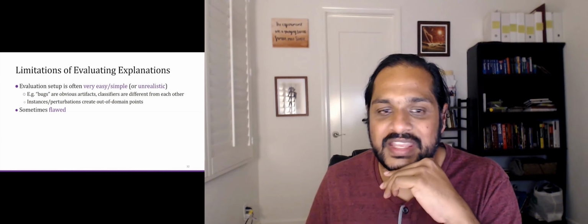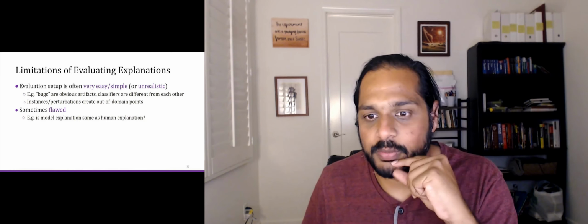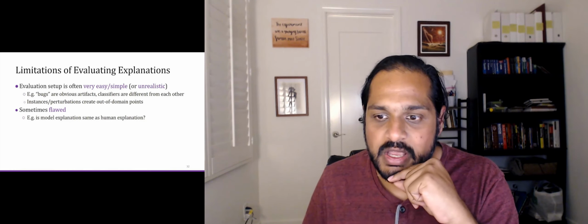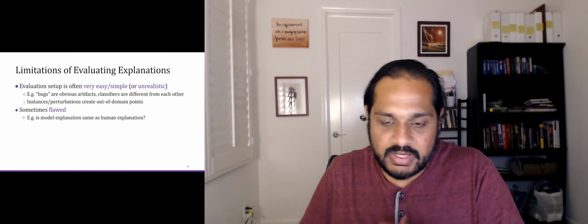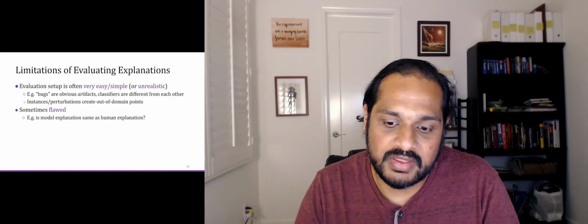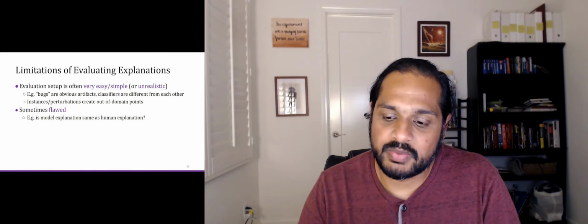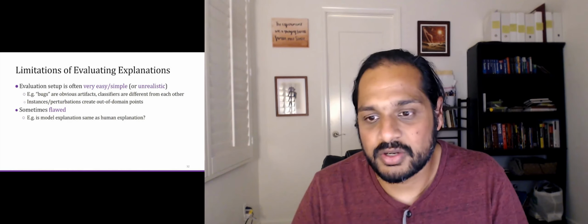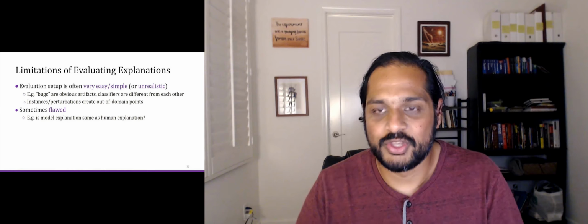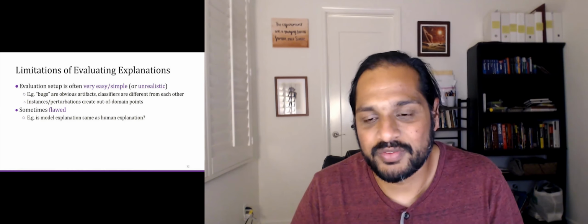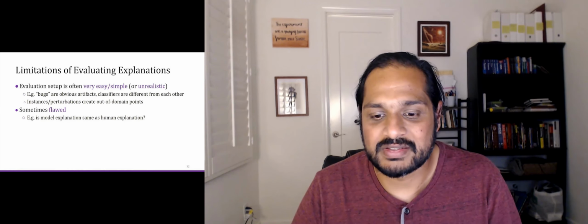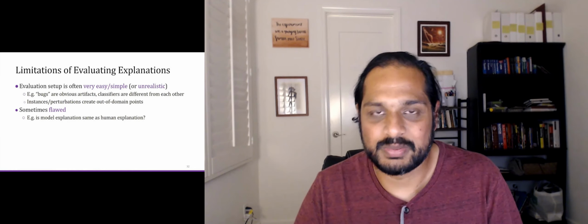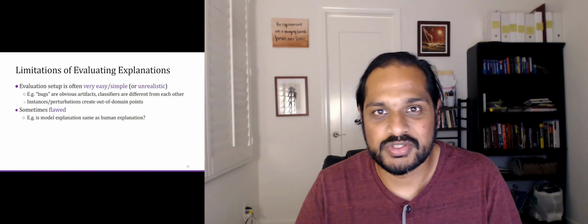Sometimes the evaluation can even be flawed, and I'm not going to point to specific papers, but sometimes when you're showing users explanations and asking them whether they like the explanation or not, that's more of a human explanation, and that's what you're evaluating. But in many cases, the explanation techniques are meant to explain the model, not just what the users like.